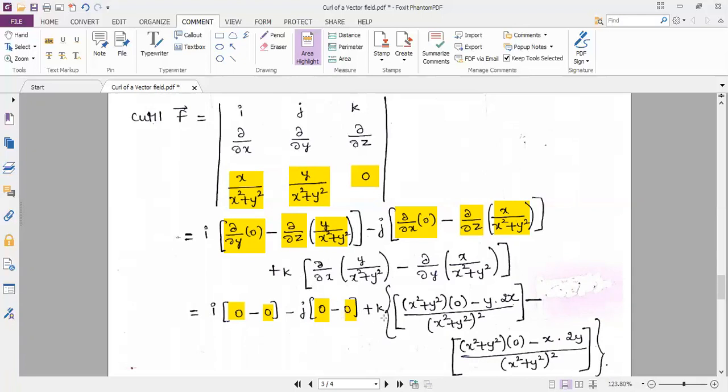Last term, plus k into, let us apply quotient rule for y divided by x square plus y square. Quotient rule, that is u by v rule, says that v into differentiation of u minus u into differentiation of v, the whole divided by v square. Applying this concept, v is x square plus y square.